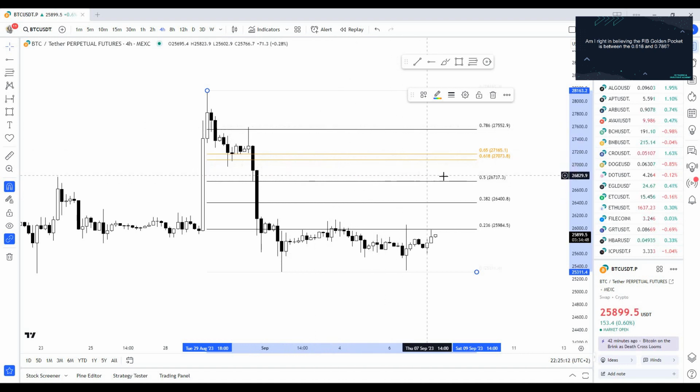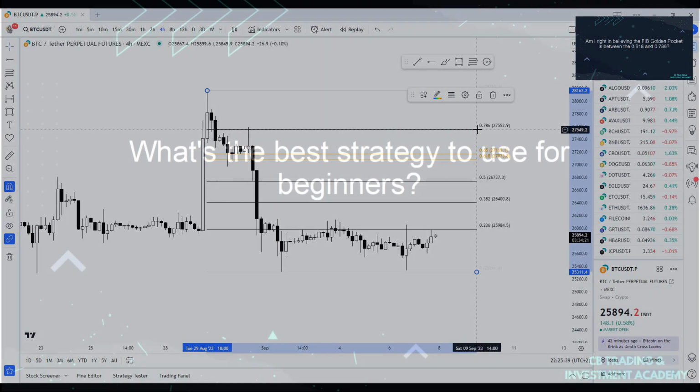So in my opinion and in my experience, the 0.618 to the 0.65 works best, but that's for me. There's probably some other traders who think, well, for me it works better if I put the 0.618 and the 0.7. But the most commonly used are 0.618, 0.65. But anything ranges between the 0.5 and the 0.786.